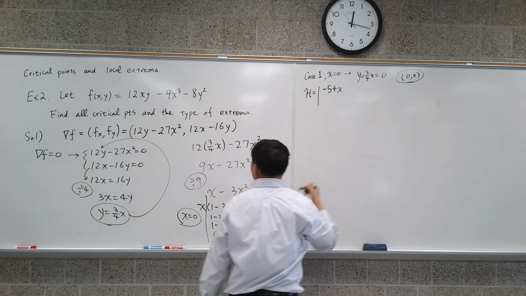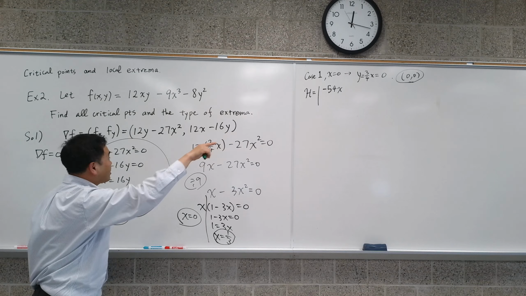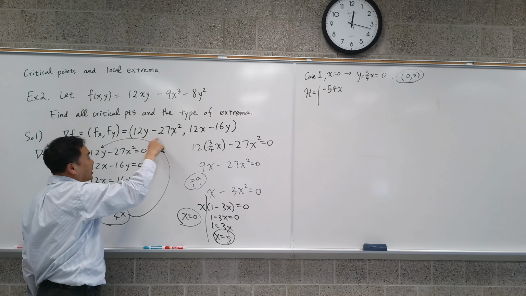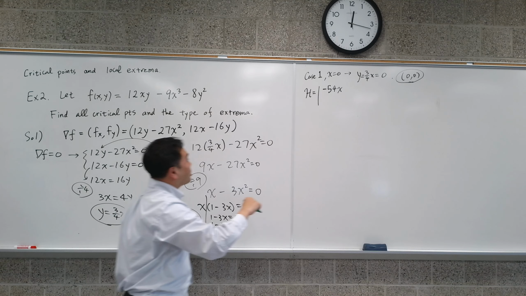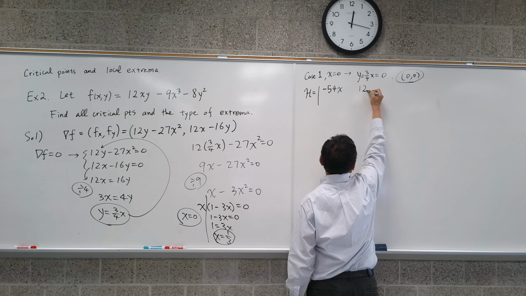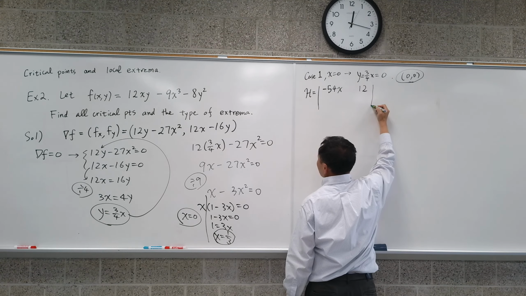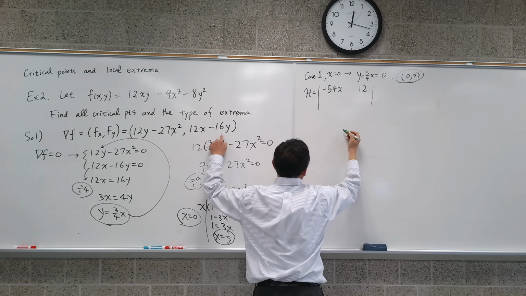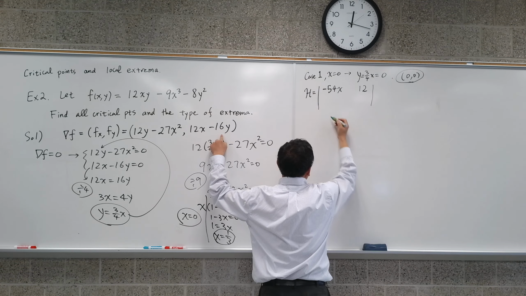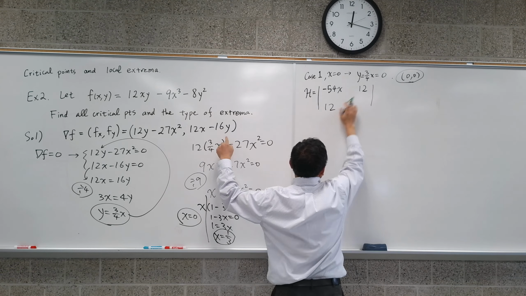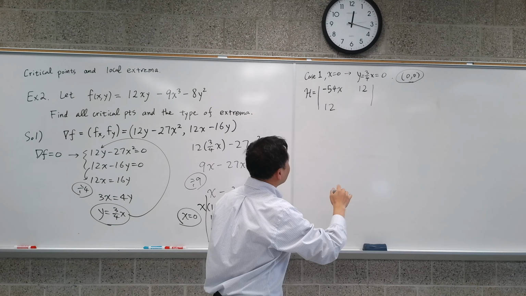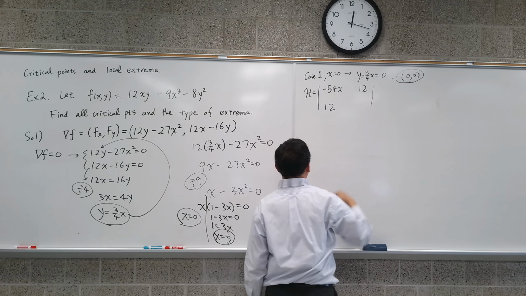But then in the second one, I have to differentiate this by y, so I get just 12. Now, if I were more careful, then I would also differentiate this by x to see that you get 12, and indeed they're the same. Yeah, but you can just say, oh, these two are the same, so I just put 12 there.